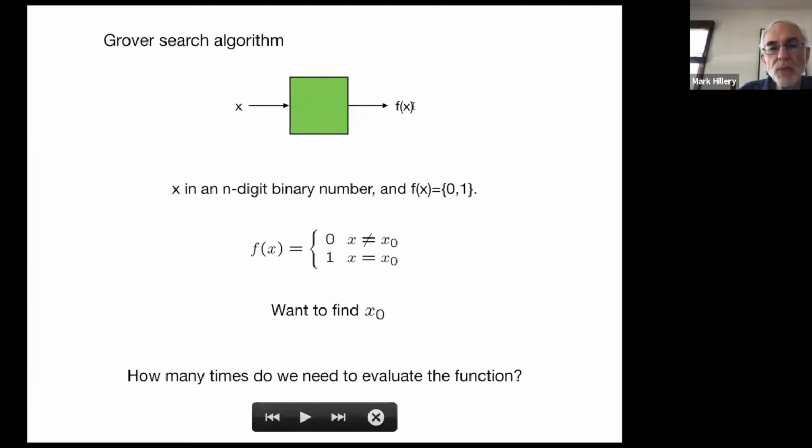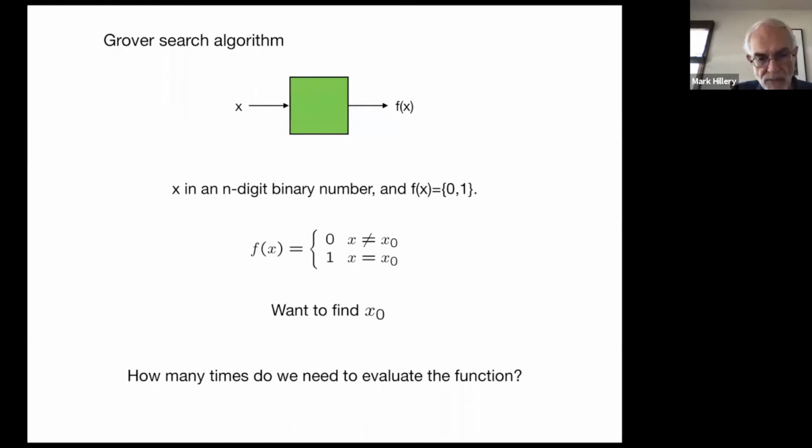F of x is still a Boolean function. In other words, it's either 0 or 1, but it's different from the last one.